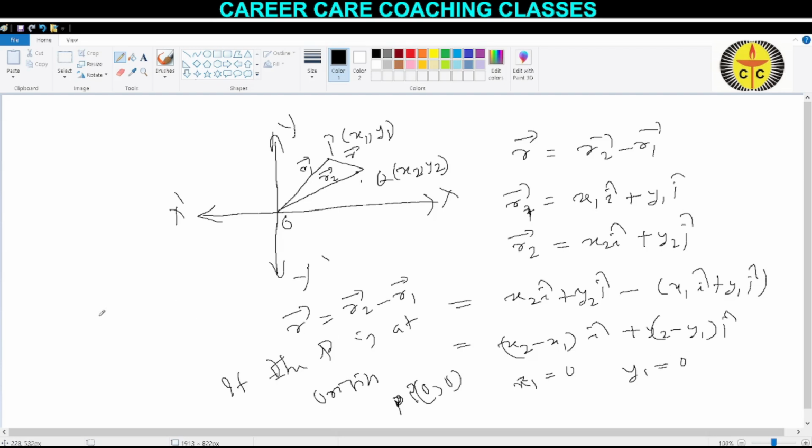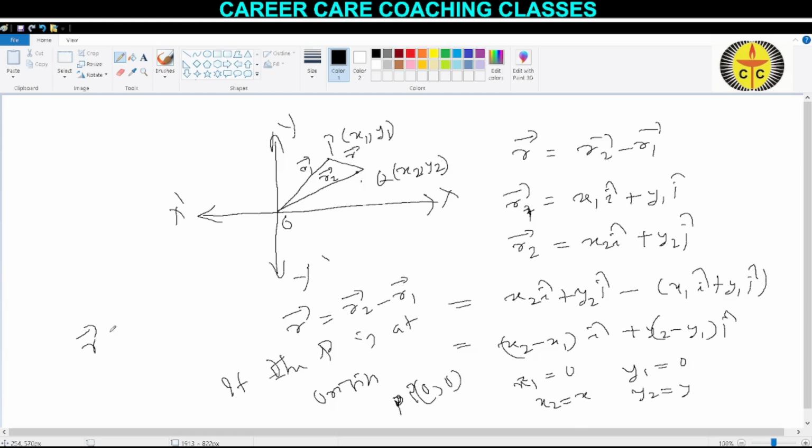In that case, x2 will be x and y2 will be y.